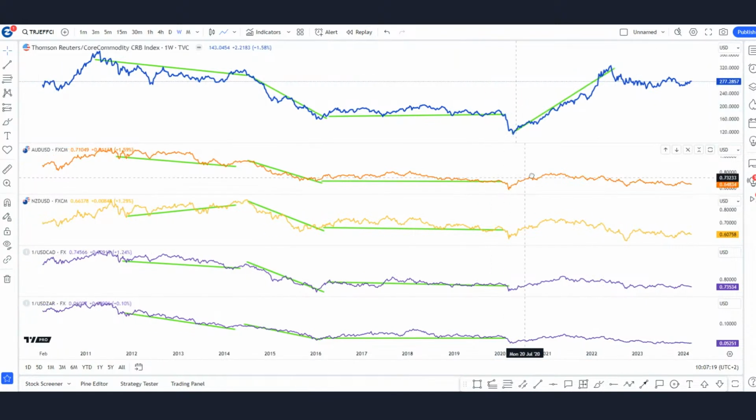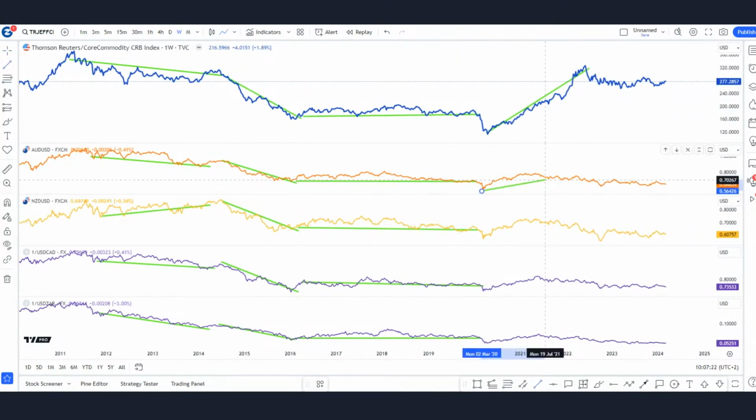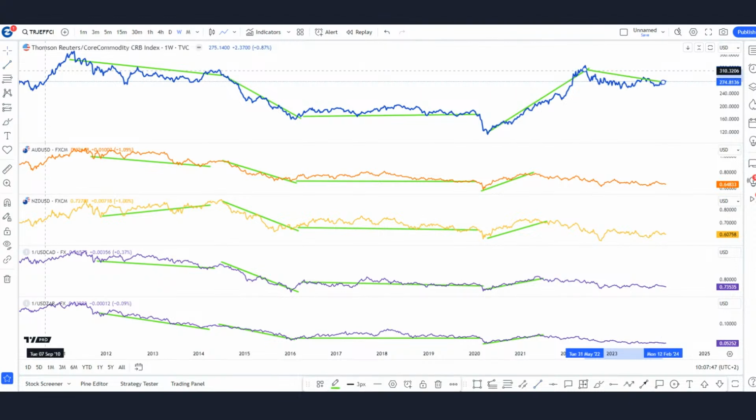So on the Aussie, a movement here, a movement there, and even on the rand, a movement there. So we're pretty strong in terms of correlation with commodities.